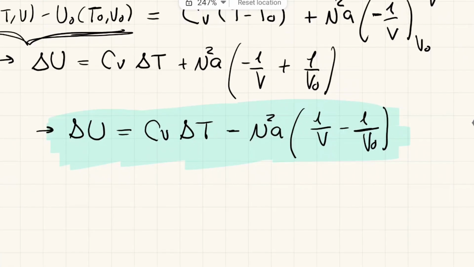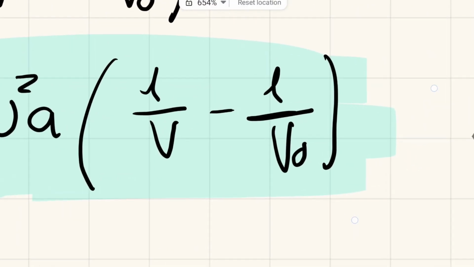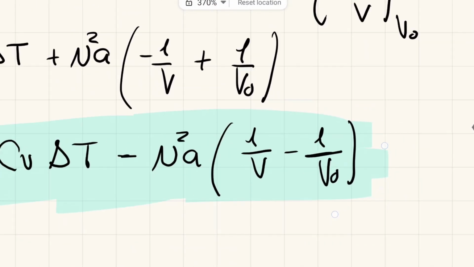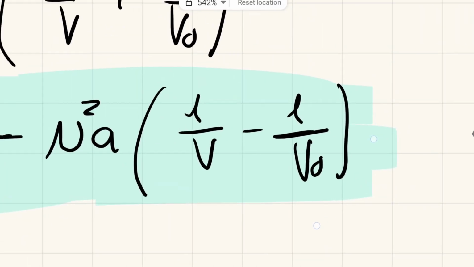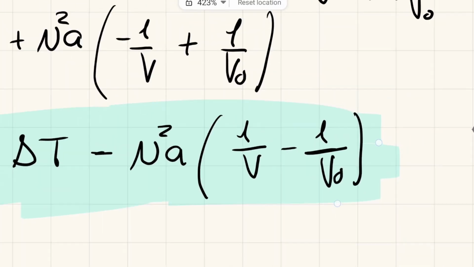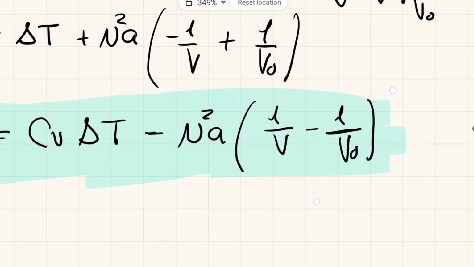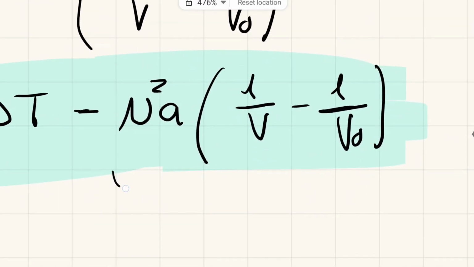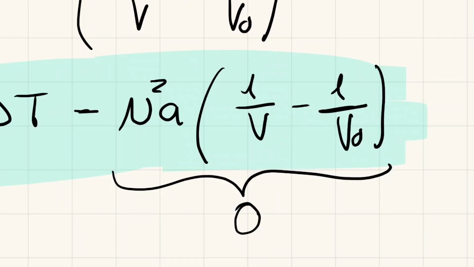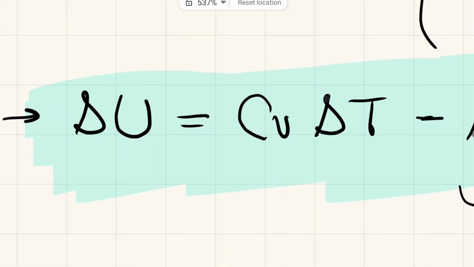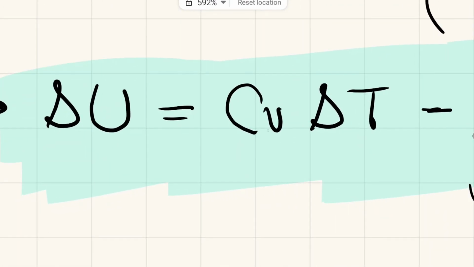Okay, perfect. So what happens if we consider big volumes, for example, just by looking at this expression? We can say that if the volume is very big, these two elements tend to 0, right? So this whole piece is going to be equal to 0, so that we get that the change in the internal energy is equal to the heat capacity times the change in the temperature.